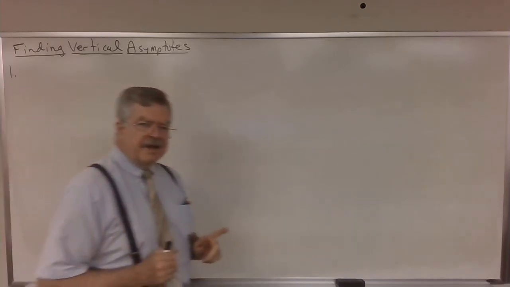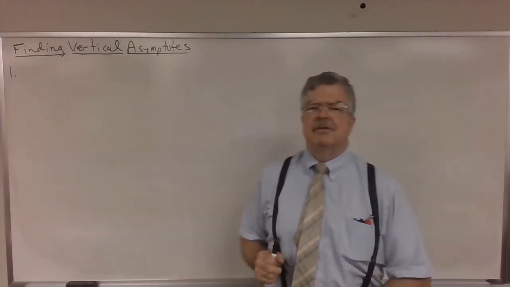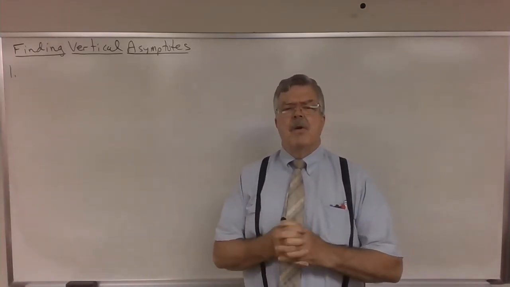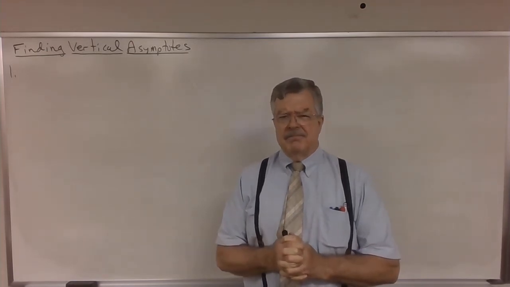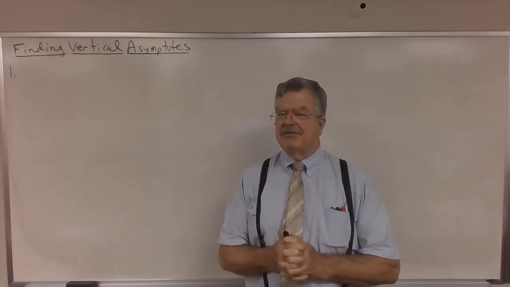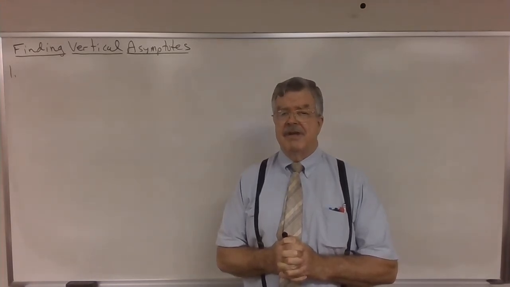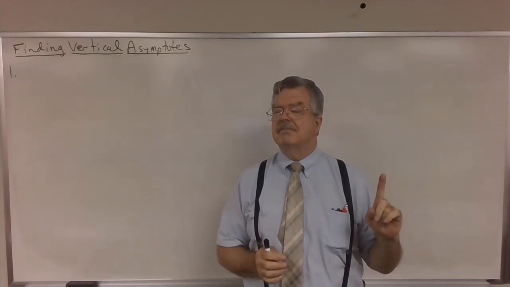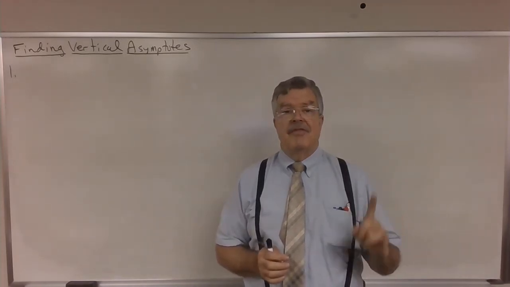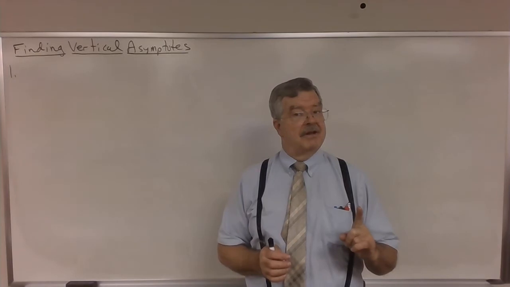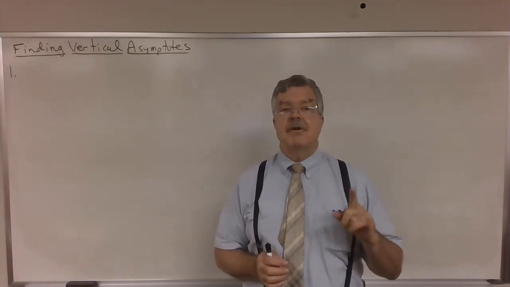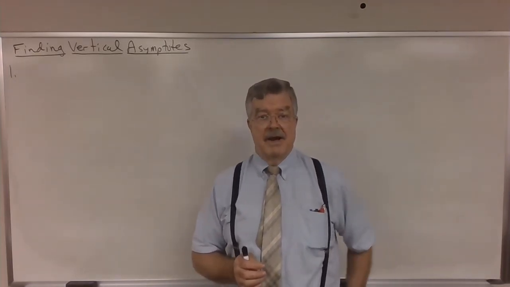Okay, first step in finding vertical asymptotes. Remember, where was it that our vertical asymptote occurred in the example? In the example, didn't the vertical asymptote occur at that value of x that caused division by 0, right?